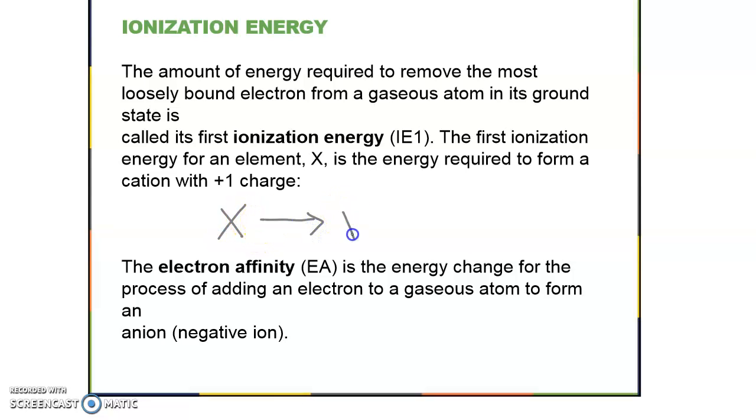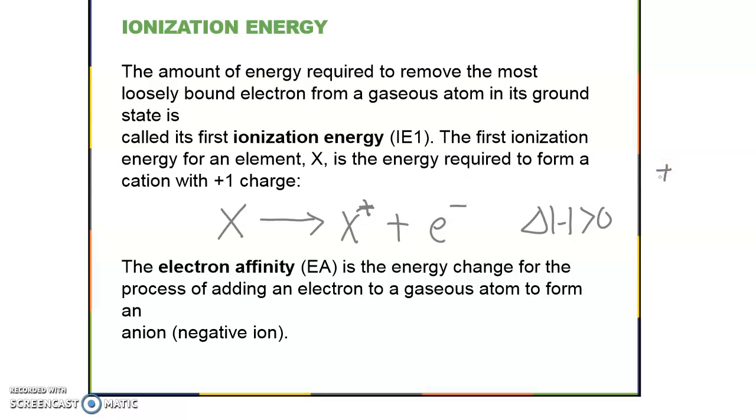Then it will become X positive plus an electron. So when I remove an electron, it should have a positive charge. And this process always will require energy. So delta H for this will be greater than 0, because it requires some energy to pull an electron out from an atom.